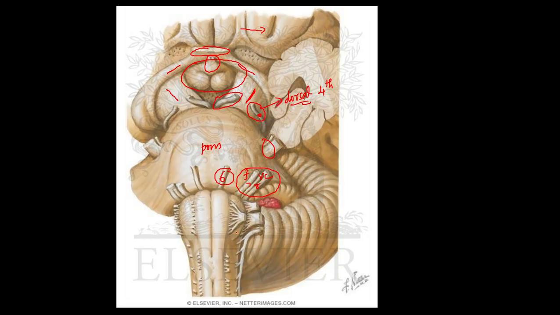Next, in the medulla we have the anterolateral sulcus and the posterolateral sulcus, two of them. From the posterolateral sulcus we have the glossopharyngeal nerve, vagus and accessory nerve.